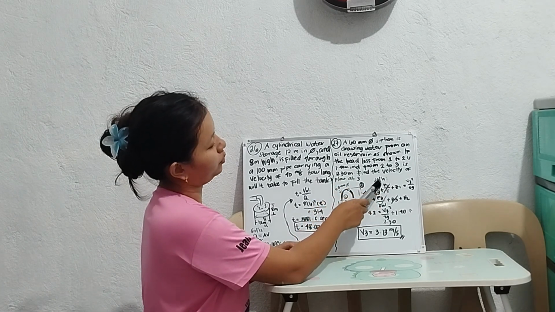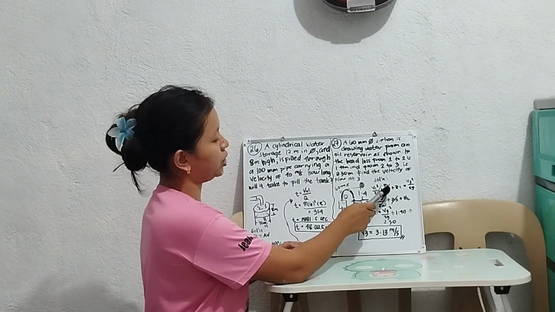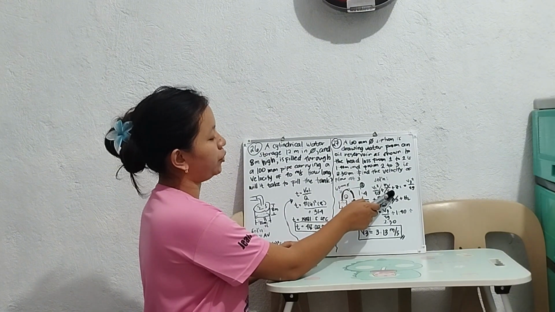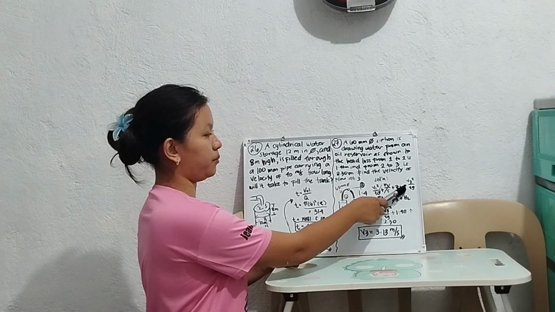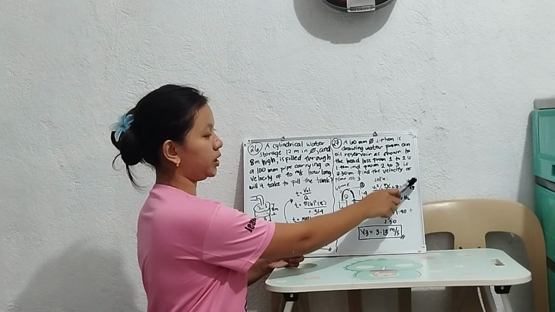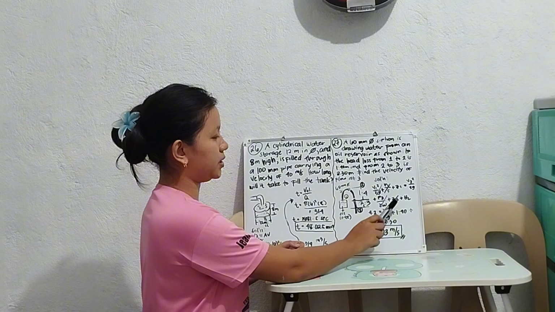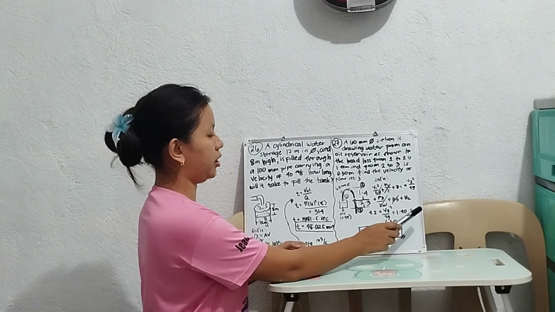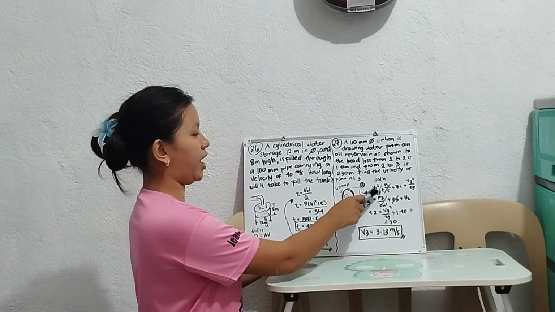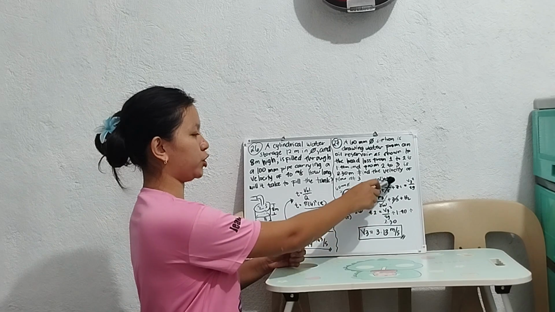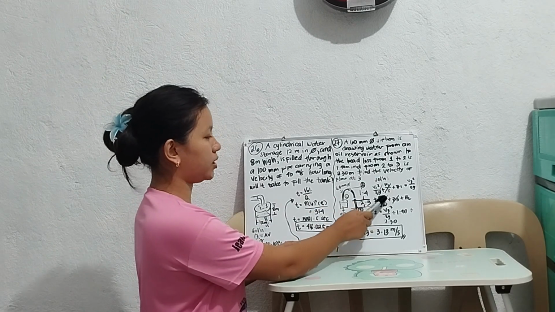So we have our formula, V1 squared over 2G plus P1 over the unit weight plus Z1 equals, from 1 to 3, V3 squared over 2G plus P3 over unit weight plus Z3 plus head loss. So we don't have velocity, so cross out. We have the pressure, cross out. And for the P3, cross out the pressure.